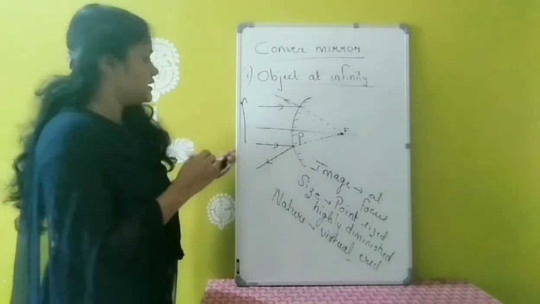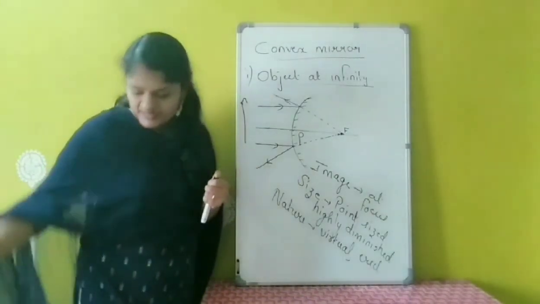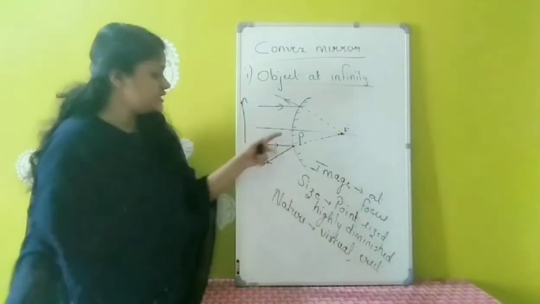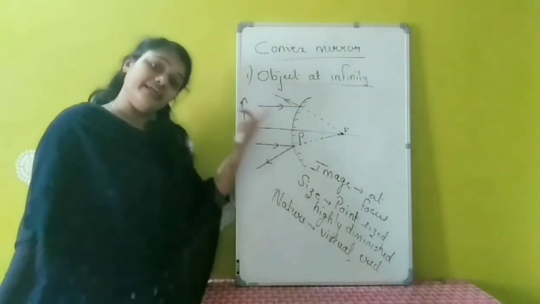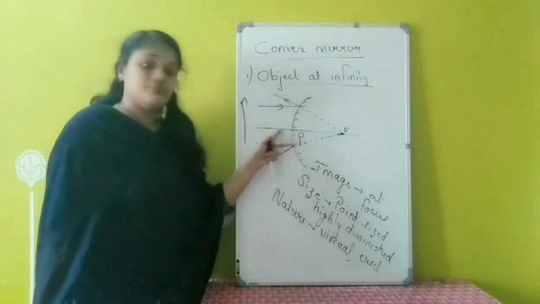Object is at infinity. Then only one more case is there. Object is between pole and infinity. It can be anywhere. The object can be anywhere between pole and infinity.